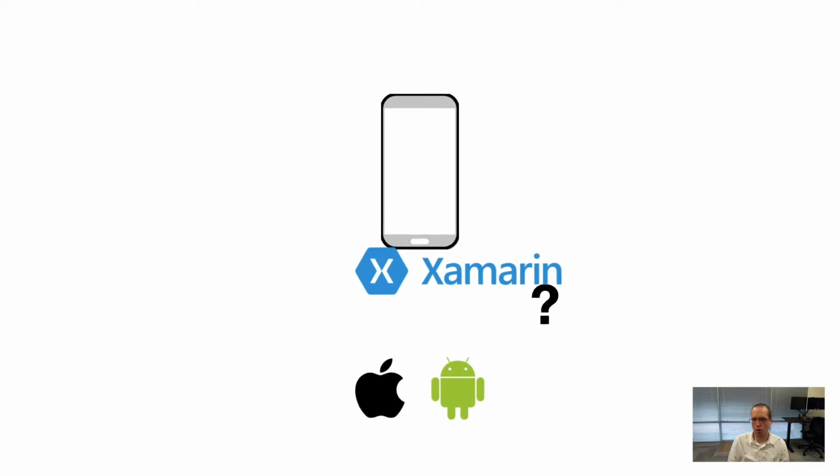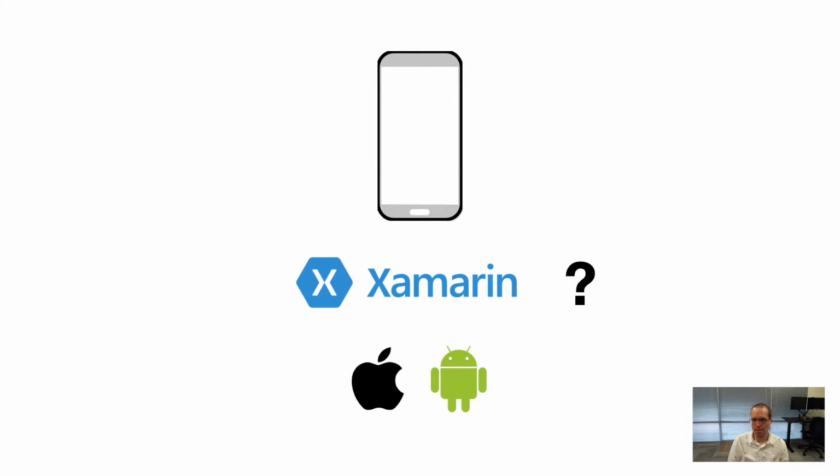Well, we considered Xamarin. Why Xamarin? Well, because in addition to the reasons that I had mentioned before, Xamarin Forms was just starting to come out around this time, and that promised actual cross-platform UI, sharing UI elements across Android and iOS.